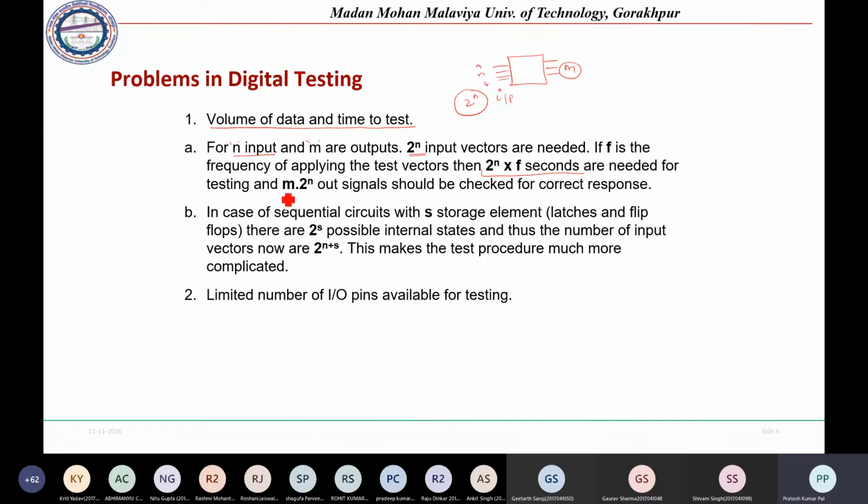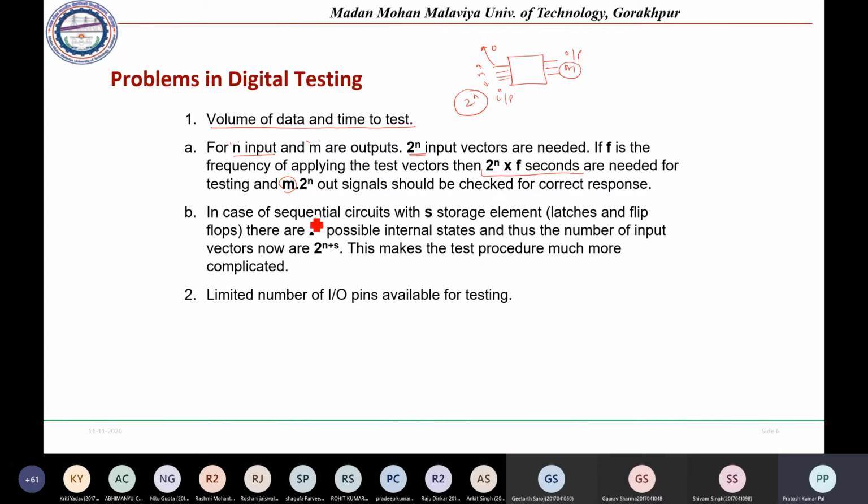And here we are having m number of outputs. So with respect to 2 to the power n, one input is there. With respect to one input, we will be checking all the outputs. So if 0 is given to the first input, and whatever input is given to the others, whatever output is there, we will be checking.